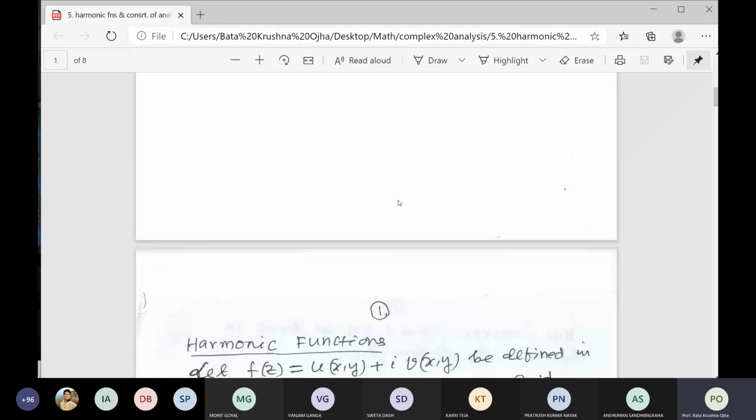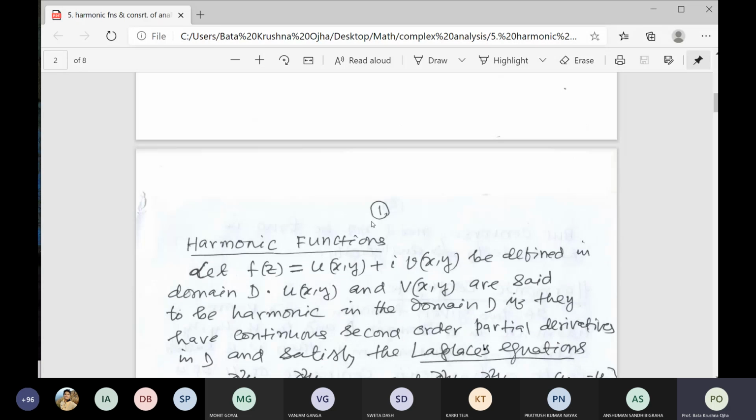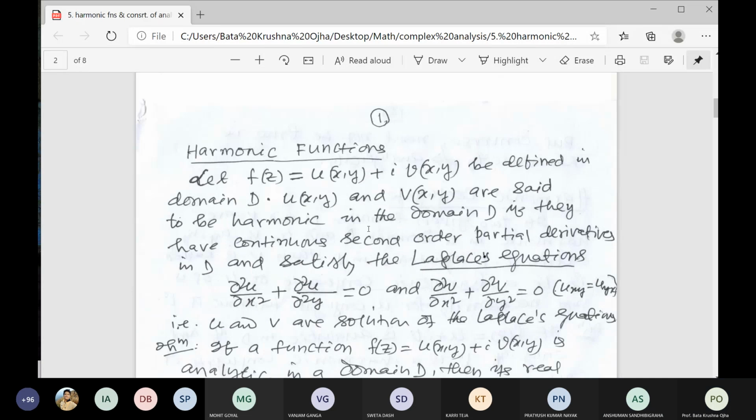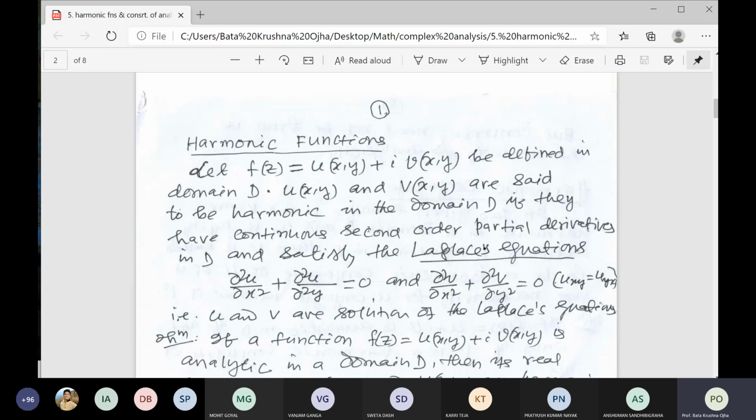We say. Now you see harmonic function we defined, let f(z) is equal to u plus iv. Both are a function of x and y, and defined in the domain D. So u and v are said to be harmonic in the domain D if they have continuous second order partial derivatives, because your Laplace equation is second order partial derivatives.